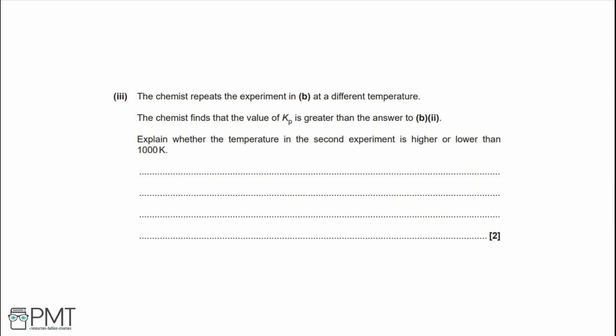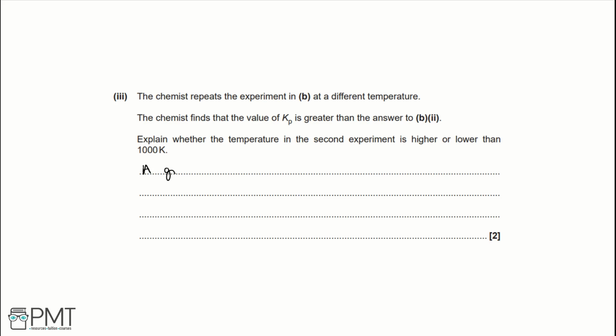Part 3. The chemist repeats the experiment in B at a different temperature. The chemist finds that the value of Kp is greater than the answer to B Part 2. Explain whether the temperature in the second experiment is higher or lower than 1000 Kelvin.